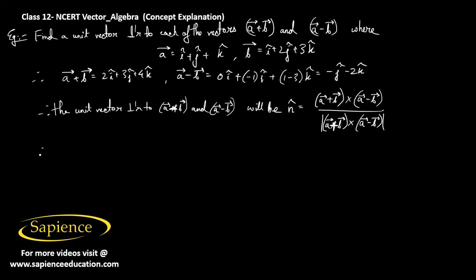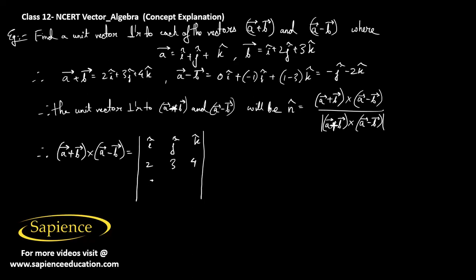So now we need to find the cross product, which is a plus b vector cross a vector minus b vector. So that will be equal to the determinant of i cap, j cap, k cap, and the components of a plus b are 2, 3, and 4, and the components of a minus b are 0, minus 1, minus 2, then plus, minus, plus.